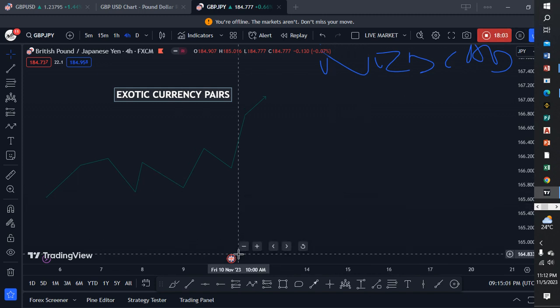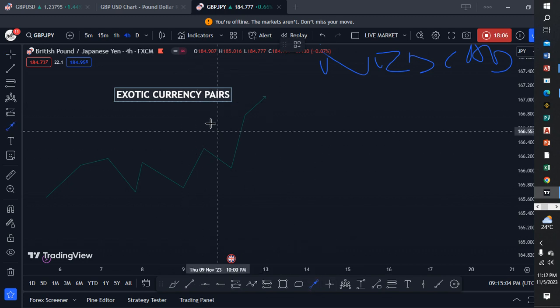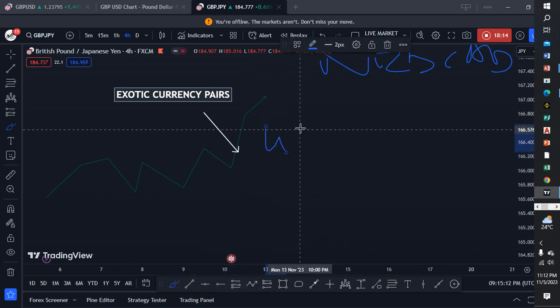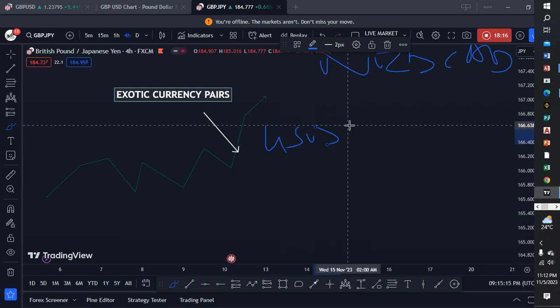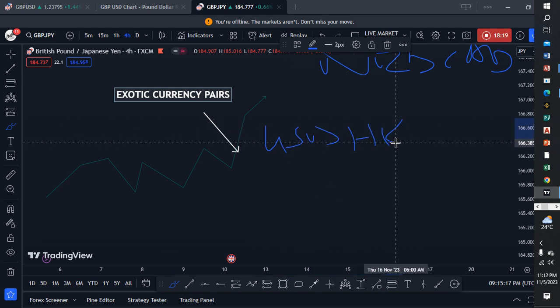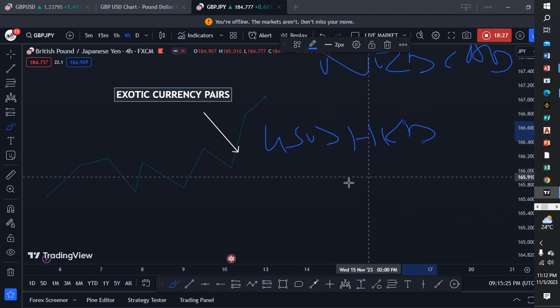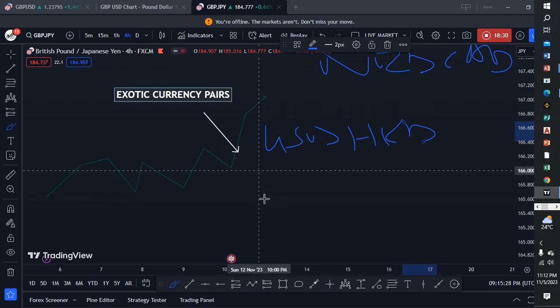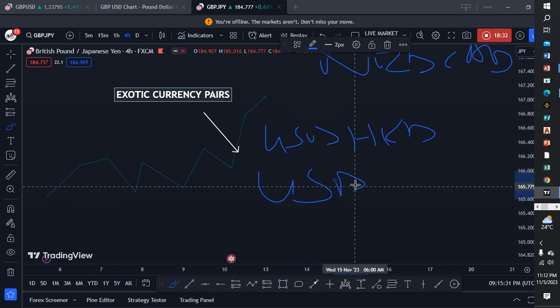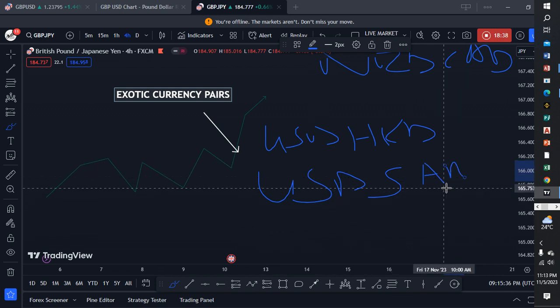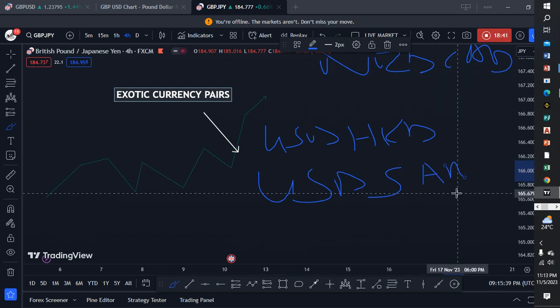Examples of these exotic currency pairs: we have the USD HKD, which is the United States and Hong Kong. We have the USD SAR, the United States and Saudi Arabia.